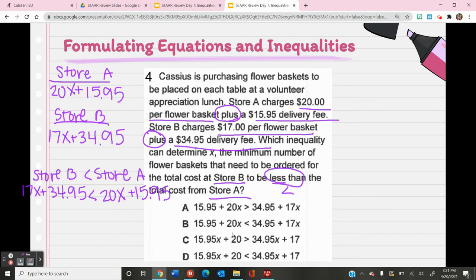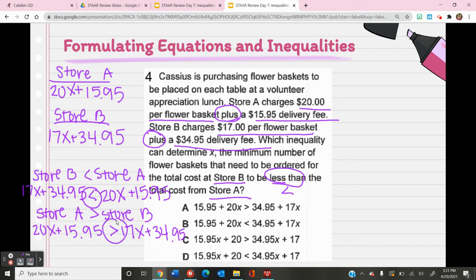So if you notice here, I have store A on the left and store B on the right. So I want to flip store A to the other side. So that means I'm also going to have to flip my inequality. So I want to know when store A costs more than store B. So I should have 20X plus $15.95. And I want to know when this is greater than store B, which is 17X plus $34.95.